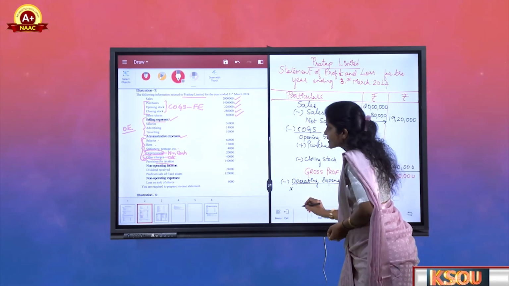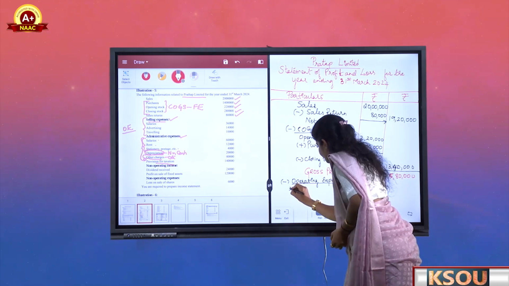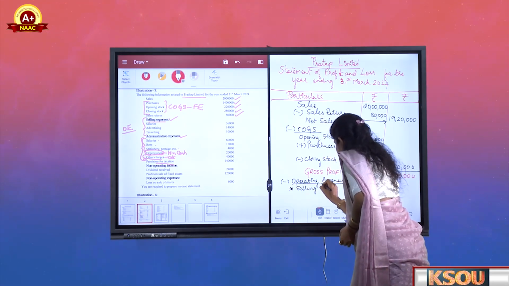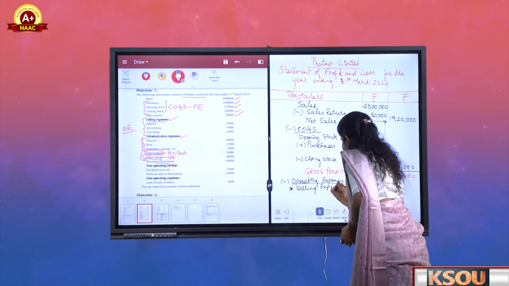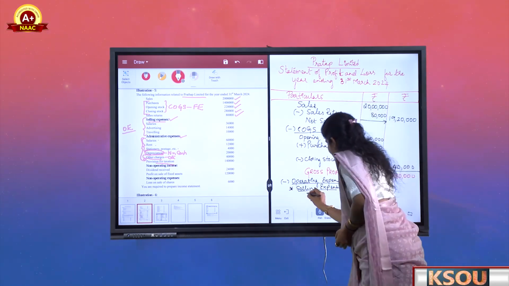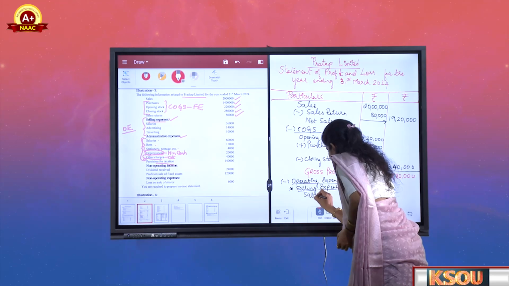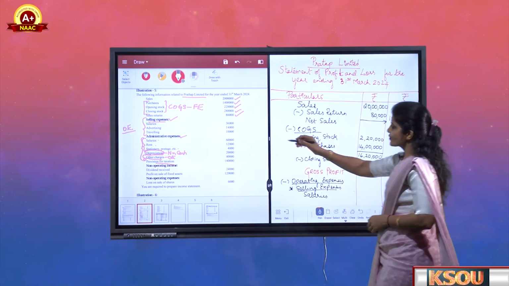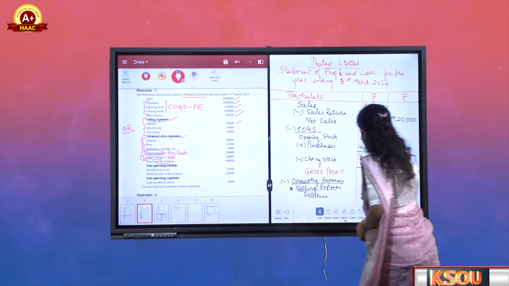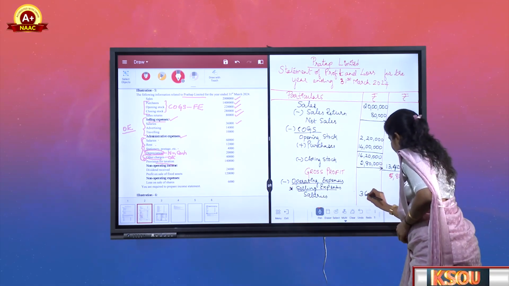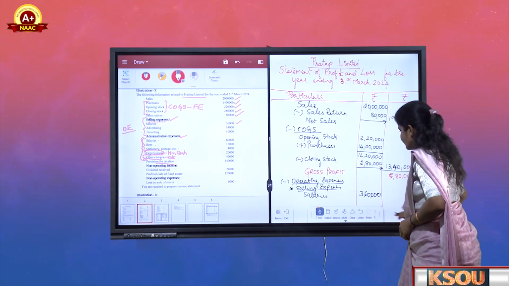First one is selling expenses. Under selling expenses, we have the first item, salaries. Let us take this to the inner column. The amount of salary is 3,60,000.